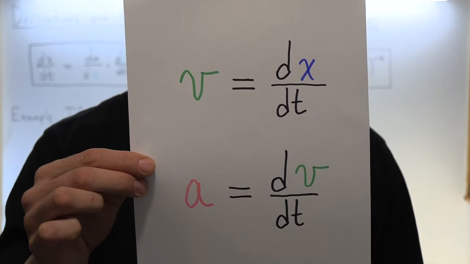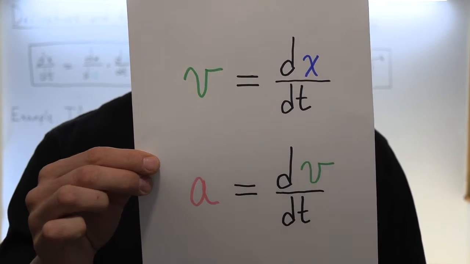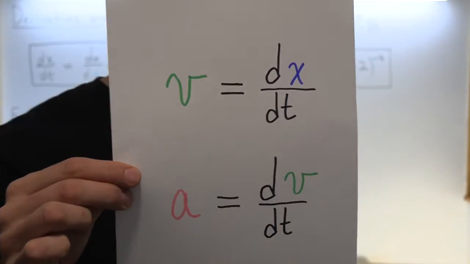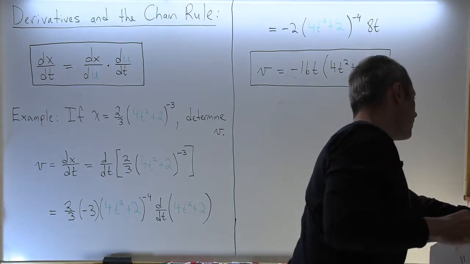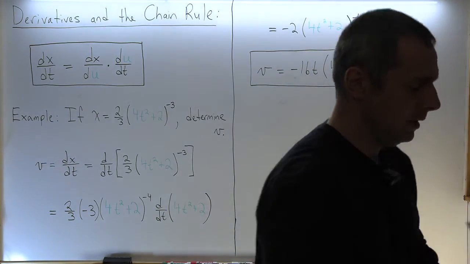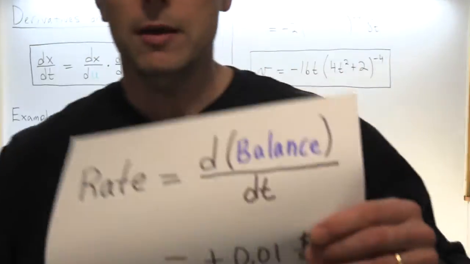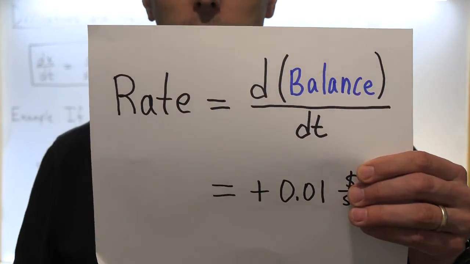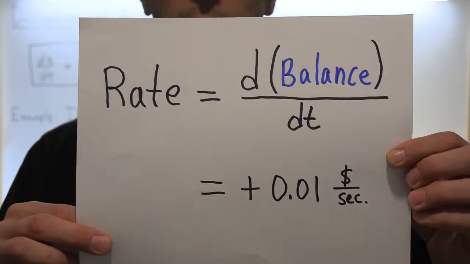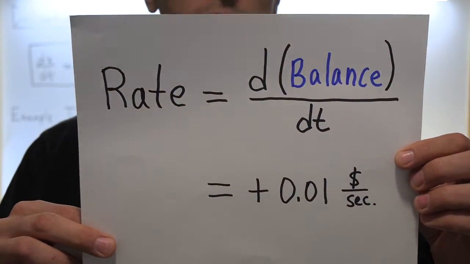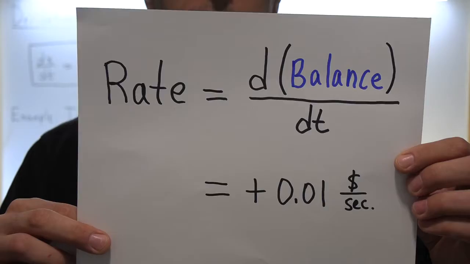But a derivative does not just pertain to physics, as I mentioned in our last class. It applies to economics, it applies to a lot of different things, and there's other kinds of derivatives. Let me just show you a couple examples. One is maybe you have an investment portfolio and it has a certain balance in it. So you can take the derivative of the balance with respect to time.